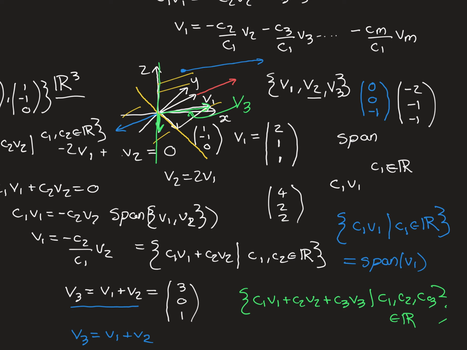And now if we think about taking any linear combination of v1 and v2, we can now add it to any linear multiple of v3, so that means we can go to any point on this two-dimensional plane and we can add on any linear multiple of v3, so that means we can go up and down parallel to the z-axis as much as we like. So for instance, if we go up to that blue point, we can now go up and down as much as we like, which corresponds to adding on whatever linear multiple of v3 we like.